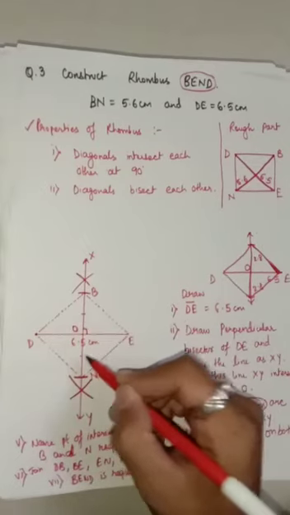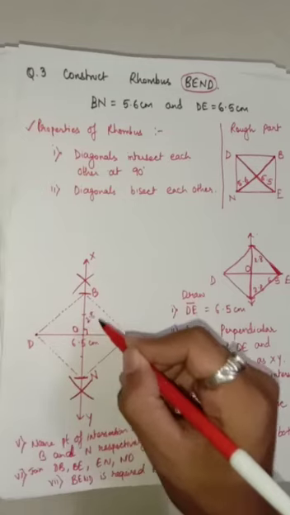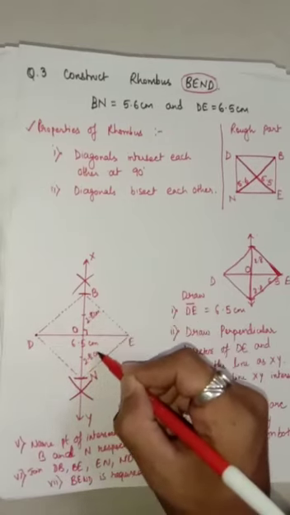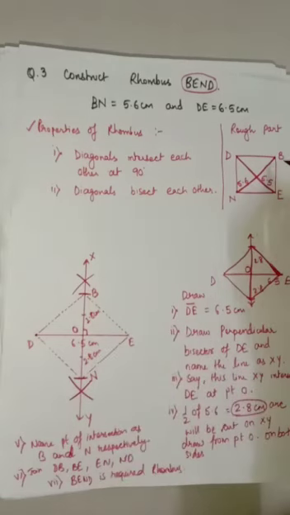This line is equal to this line, and these are 2.8 centimeter and 2.8 centimeter. In this way we have divided the 5.6 centimeter line into two parts. Half of 5.6 is 2.8, so we divided it by 2.8 each, and we have constructed this. Clear to everyone?